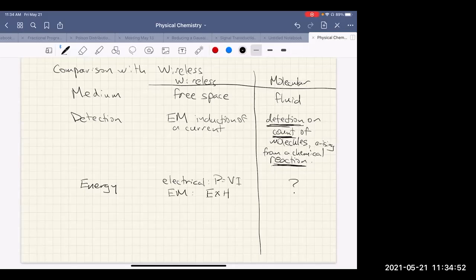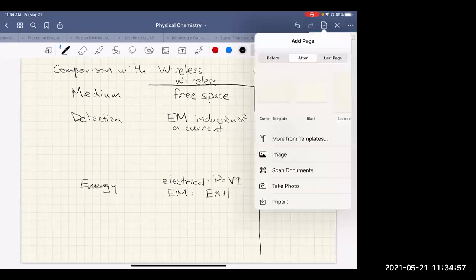How do we think about energy in terms of molecular communication? Where does it come from? Well, it really comes from two things.